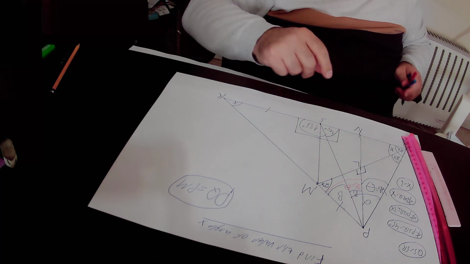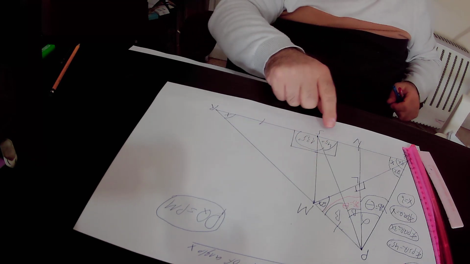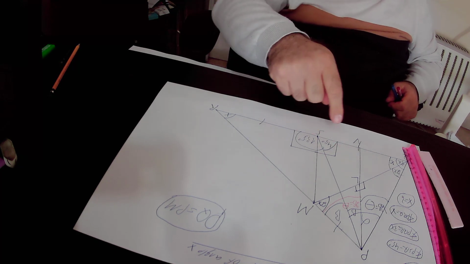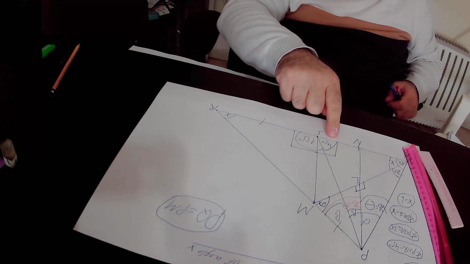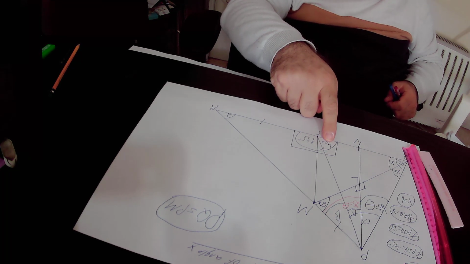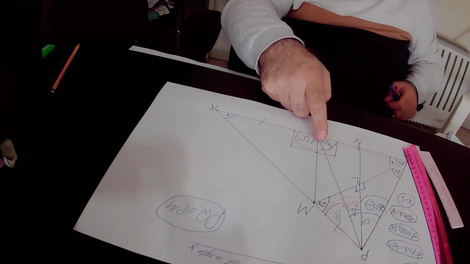And here we already found out that angle MSN is equal to 90 degrees and angle PSN equals 45 degrees. So 90 degrees minus 45 degrees will be equal to angle MSP.